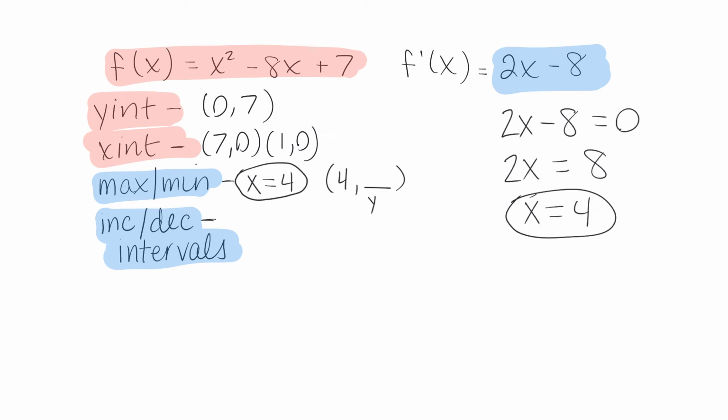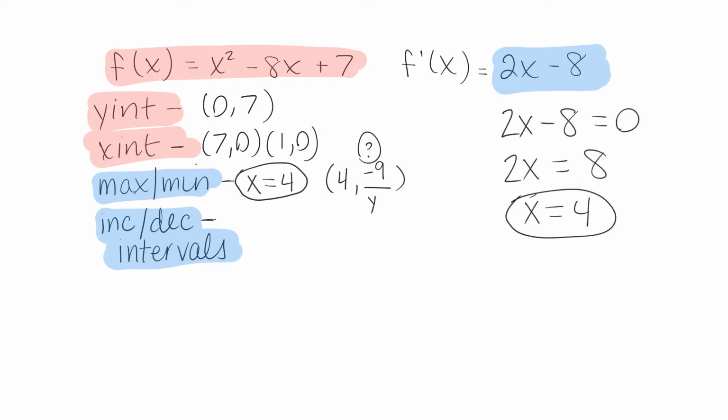So what's that, negative 9? Right? Gee, I hope I can do mental math. Okay, so the x, that's tricky. The x came from the derivative, but the y came from the original function.